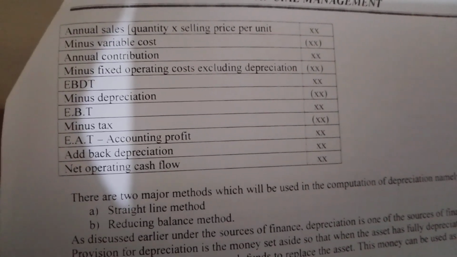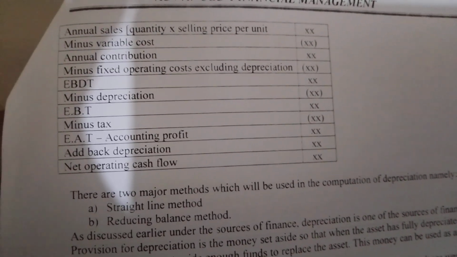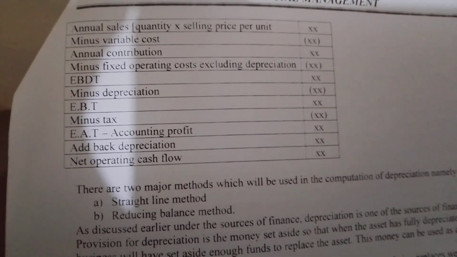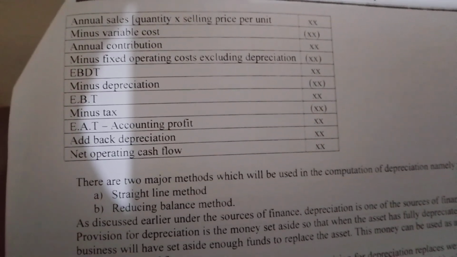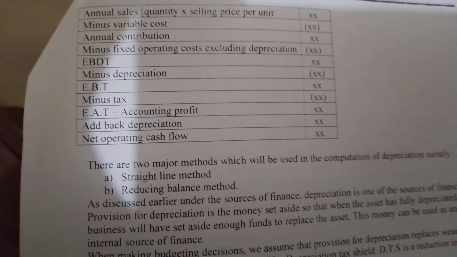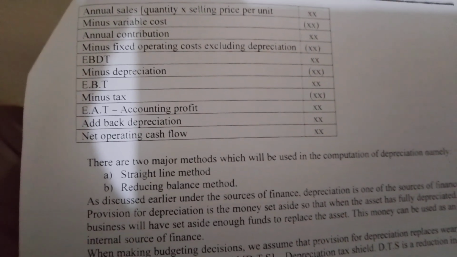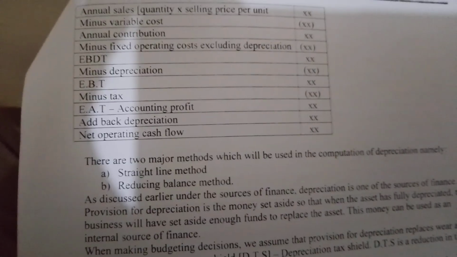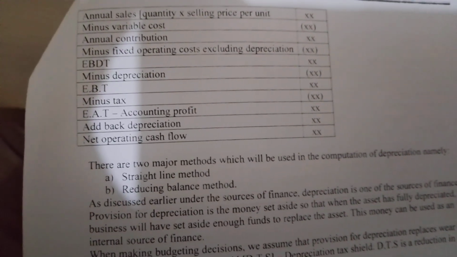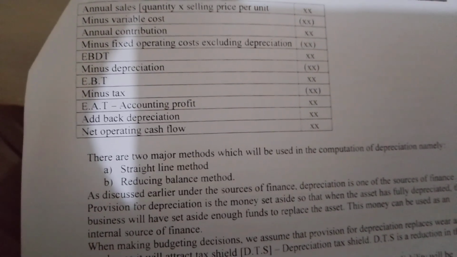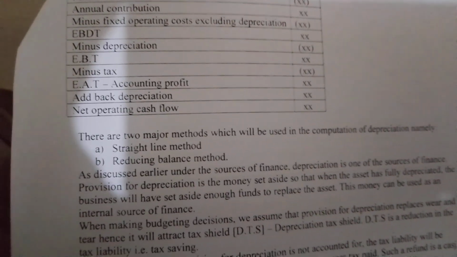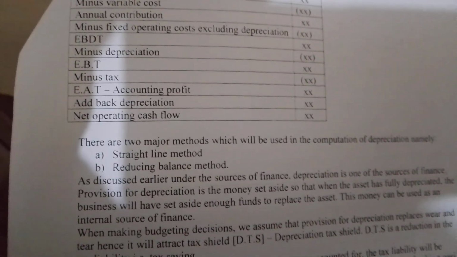Then from the annual contribution, you minus fixed operating costs, excluding depreciation, you get EBDT, earnings before depreciation and tax. Then minus depreciation, you get EBT, earnings before tax. Less the tax, you are left with earnings after tax, which is also called the accounting profit. Out of the accounting profit, we add back the depreciation, and after that, you get net operating cash flows.